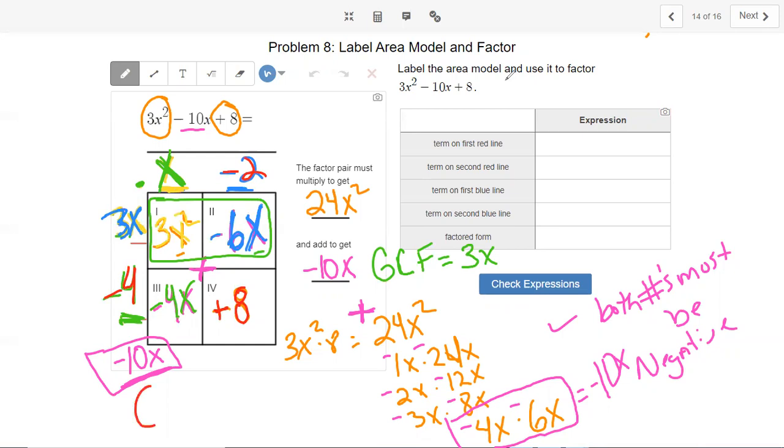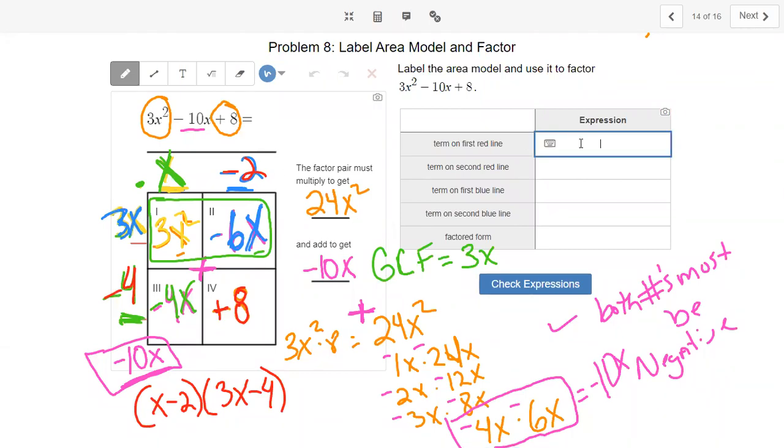Once I've got that, I've got all of my factors. I know that the first one will be x minus 2, and the other one will be 3x minus 4. And it actually doesn't matter which order you put those in. So in our Desmos, you're just simply going to come over here and say, the first red line is 3x. The second red line is the one that has the minus 4.